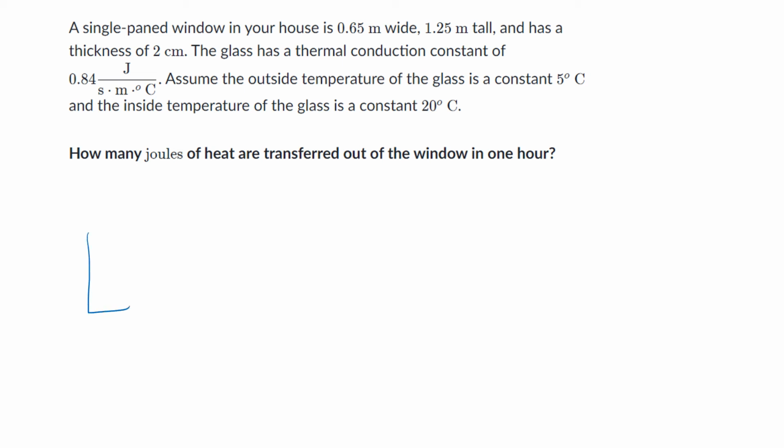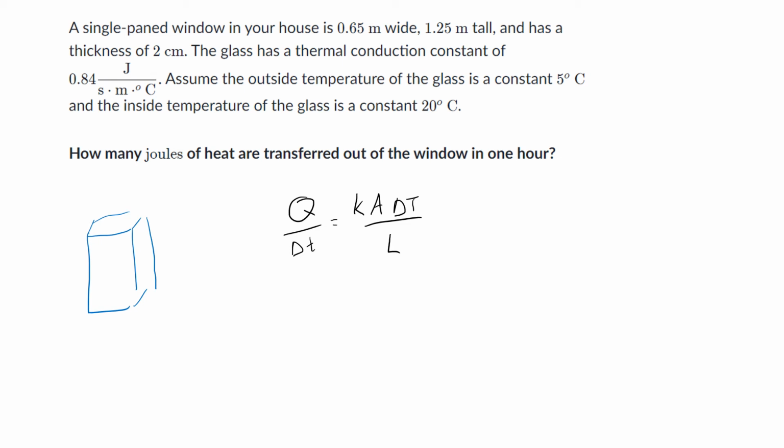Okay, so we're thinking of our window here. So there it is. So let's write down our formula. Q over change in time is going to equal your K times your A times your change in temperature divided by L was the letter.